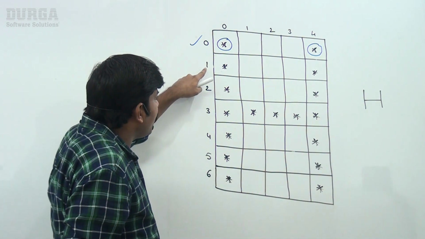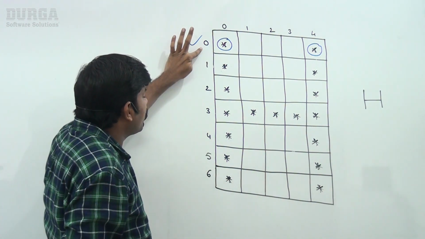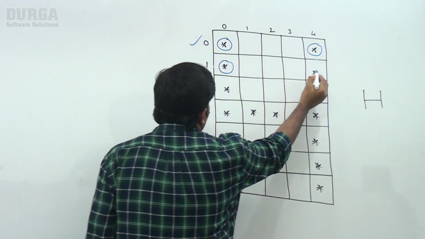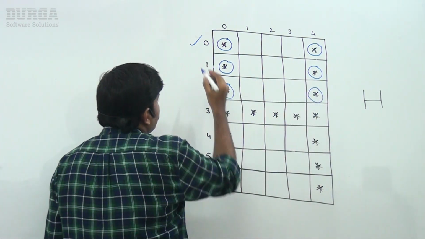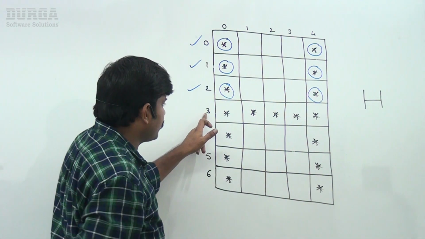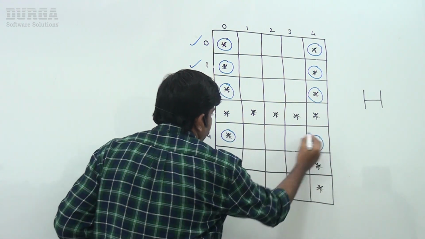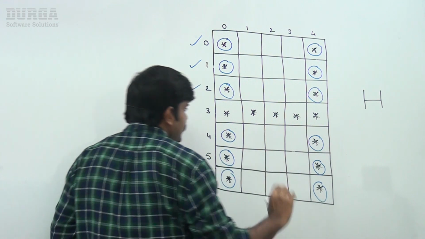Now, is there any similar row available related to this? Yes, friends. The second row is also the same, but the third row is different. The fourth row is again the same, the fifth row again the same, the sixth row again the same.